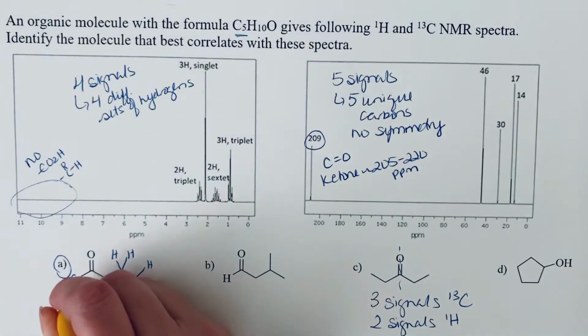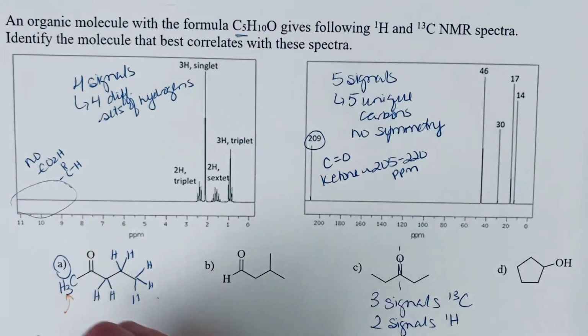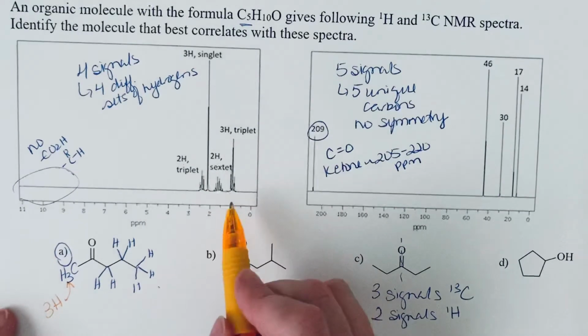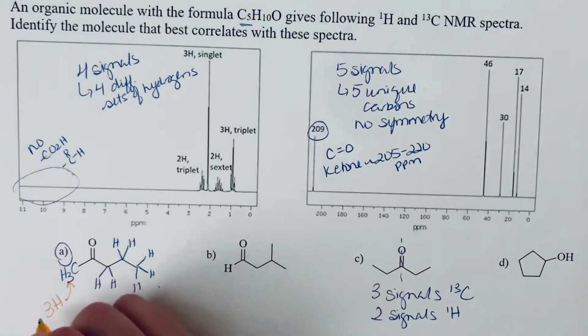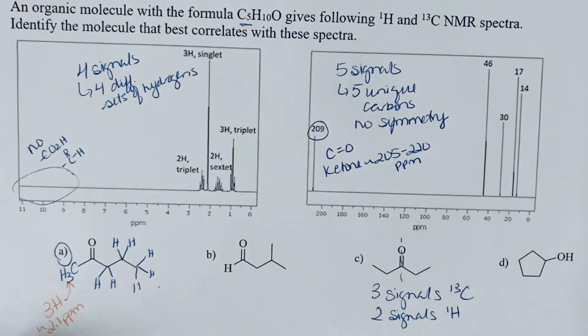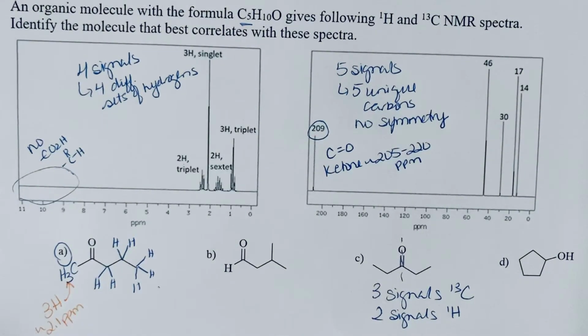And then let's take a look at what we see. So we have 3 hydrogens here. It's next door to a carbonyl, so we would expect the chemical shift to be somewhere about 2.1 parts per million. And if you don't know those right off, you can get those from a table that tells you the expected chemical shift values. And then the other piece of information we want to look at is the splitting.